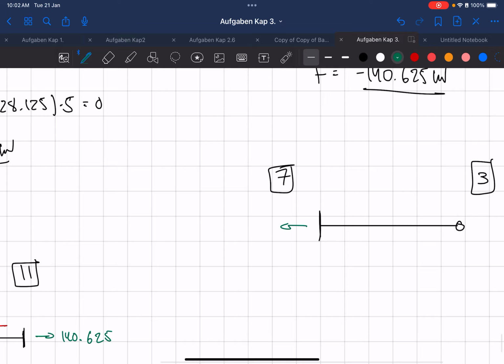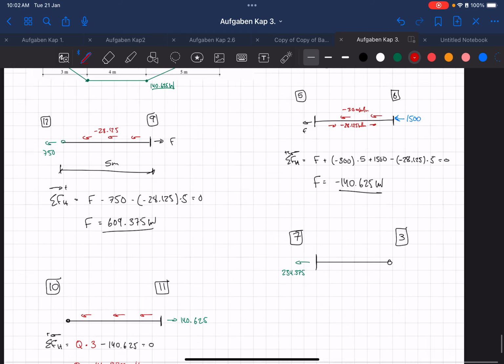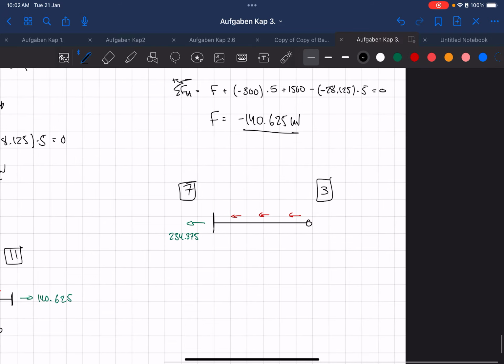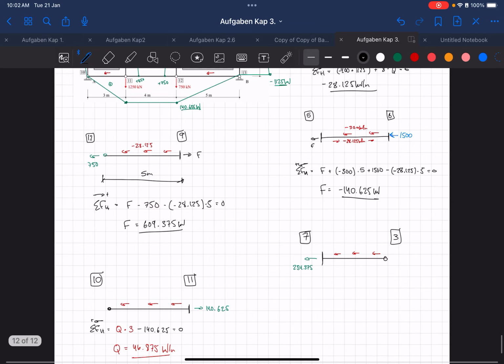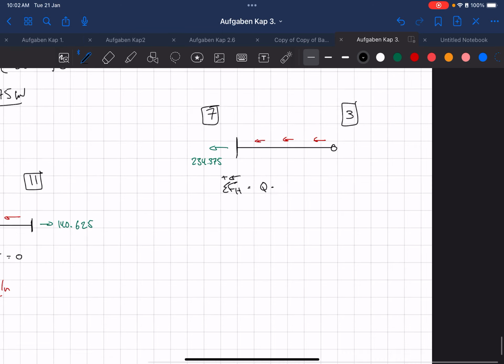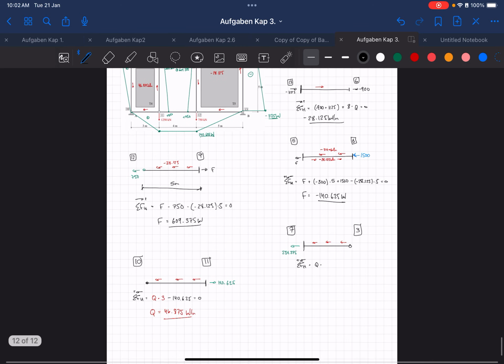My 234.375, and then my Q would be in this direction, and then I would just have to do sum of all FH positive equals Q times the length, which is 3 meters.